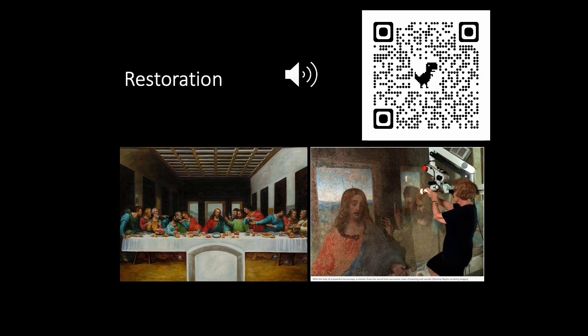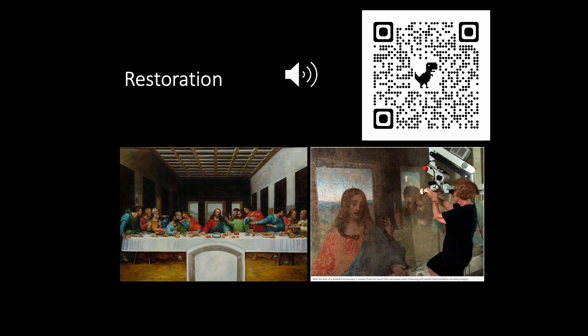So, in recent years, in order to learn about Da Vinci's painting, they've done some studies. You can see the woman on the right-hand side. She's using a laser camera. That laser camera is analyzing the paint and analyzing the information underneath the plaster so that they can get a better understanding of what Da Vinci really intended when he painted the Last Supper.